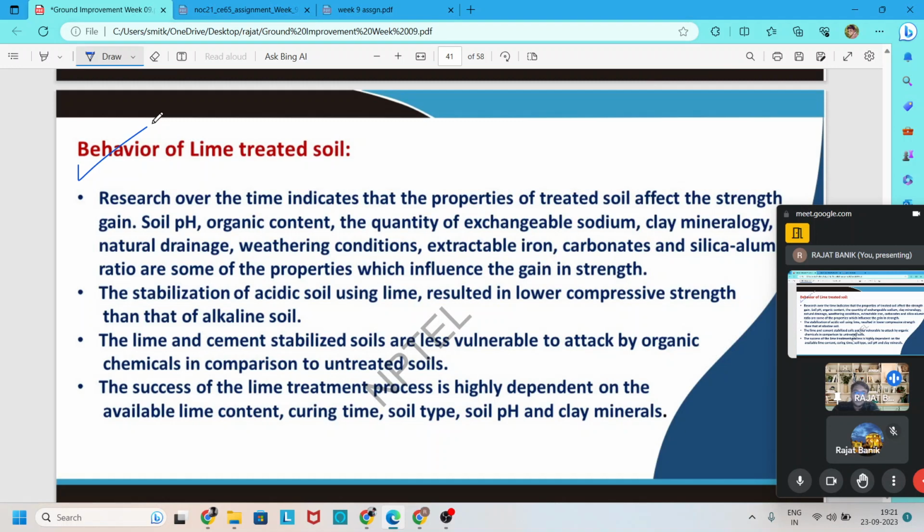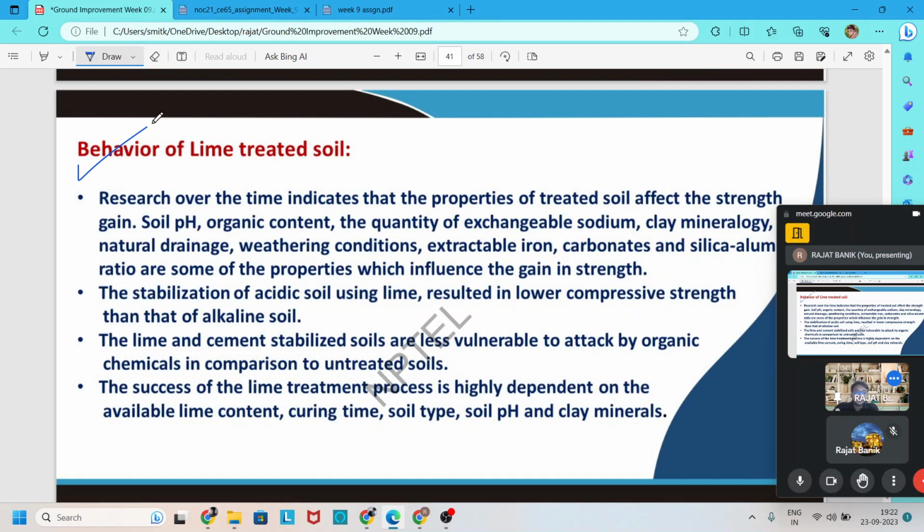The stabilization of acidic soil using lime resulted in lower compressive strength than that of the alkali soil. We know that when we apply lime, the soil becomes alkaline. But if the soil is acidic, this lime, which is alkaline in nature, reacts with the soil, and the soil becomes neutral, and then after that when we apply more lime, the soil becomes further alkaline, and the lime soil reaction happens.